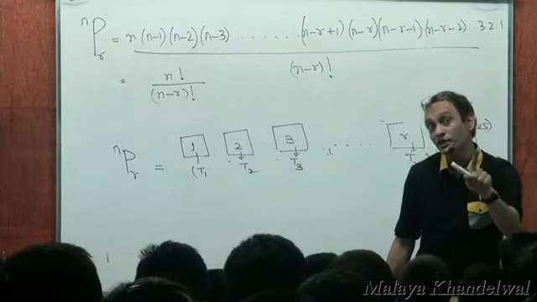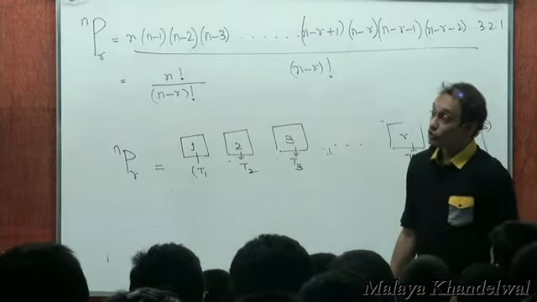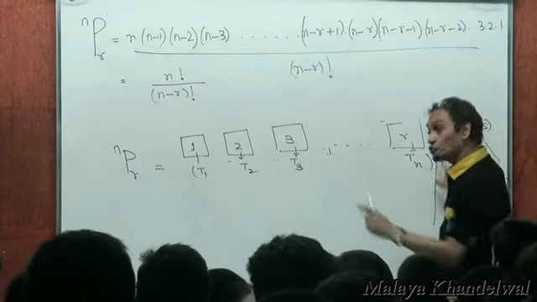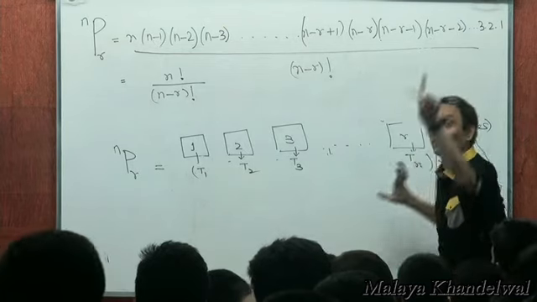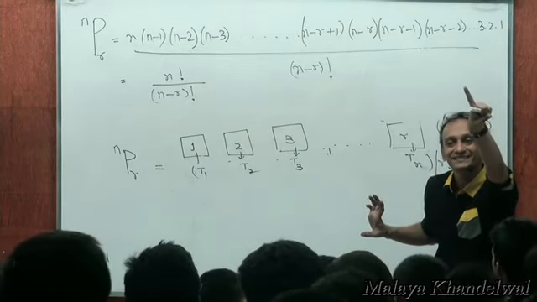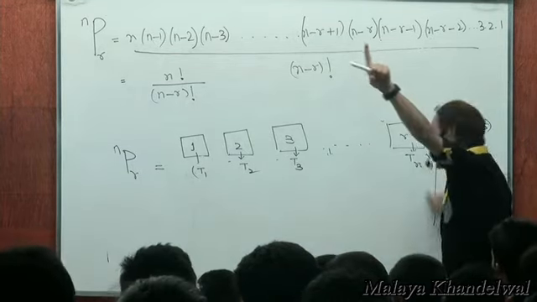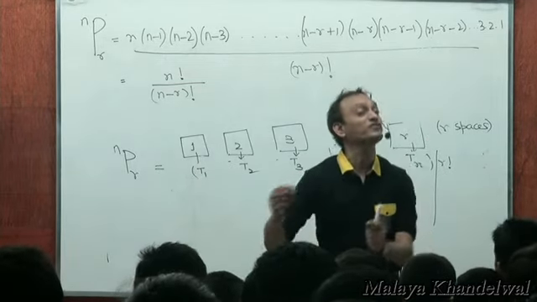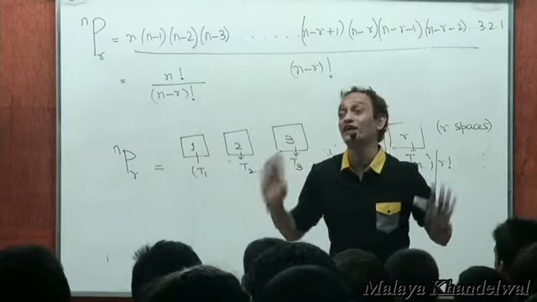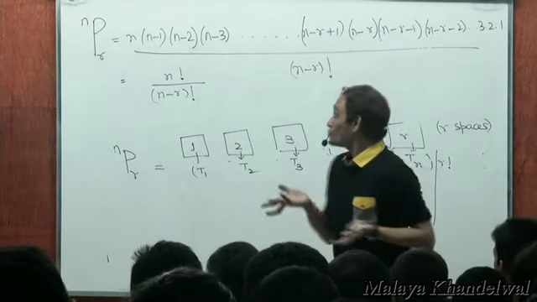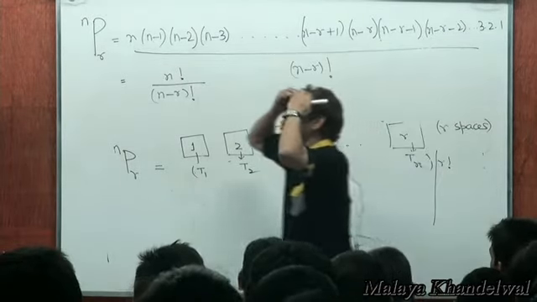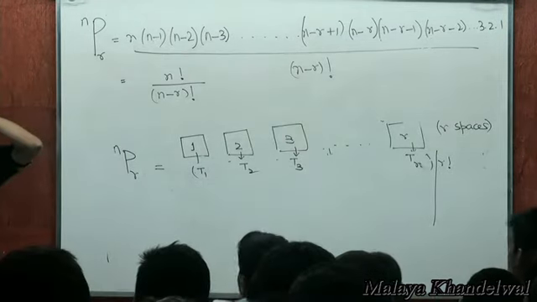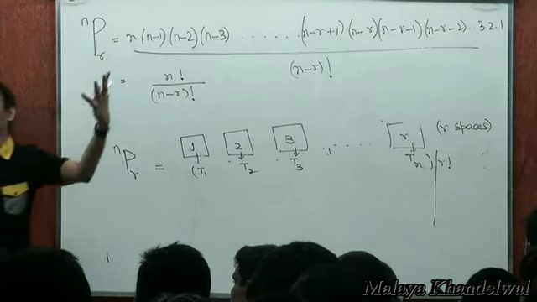But if someone says the order is irrelevant, then out of these r factorial strings, only one is relevant. Out of every r factorial such strings, only one is relevant when it comes to selection. So if someone says, no, I don't want the order in which the r things appear, I just want to select r things from n available.